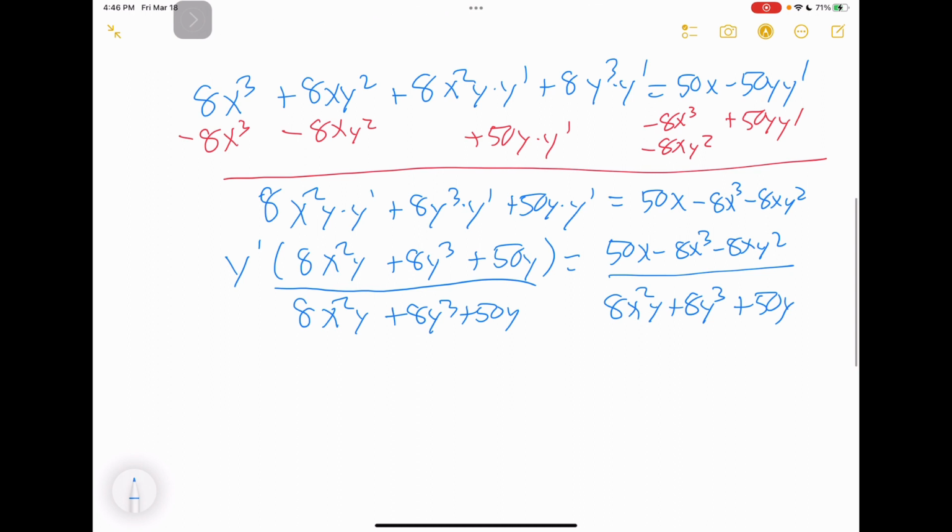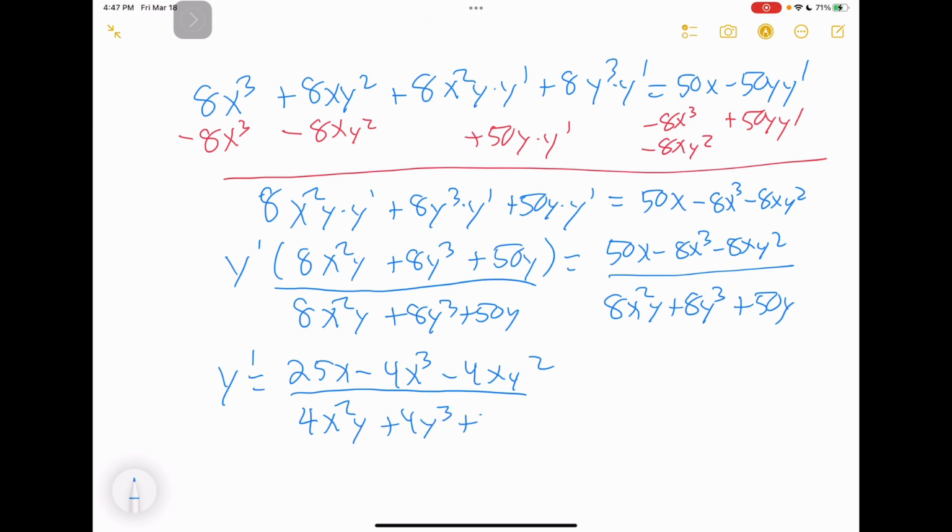And our y prime will be what? Looks like the best I can do is divide a 2 out of the top and bottom. And that's going to give us 25x minus 4x cubed minus 4xy squared over, then the 2 out of the denominator would be 4x squared y plus 4y cubed plus 25y.